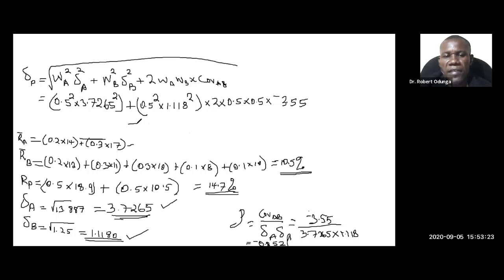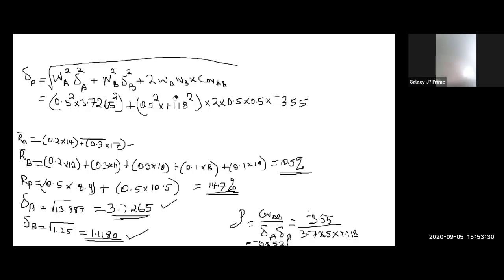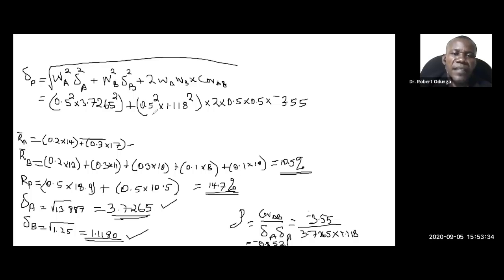So what does this one give you? If you work out all this, probably you could go in stages. Work out this first, and then this one, and then this one.